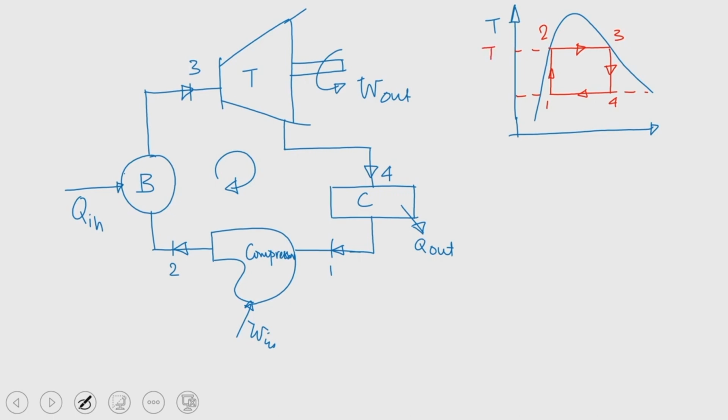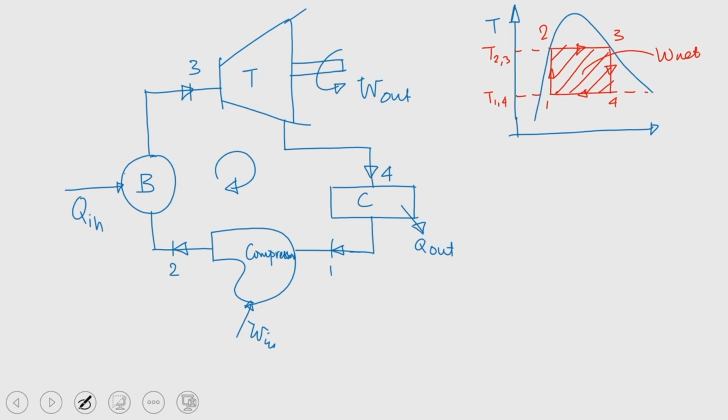So, this is T2,3, this is T1,4. You know that is what we discussed in the last class, and this hatched portion is the W net. Okay.